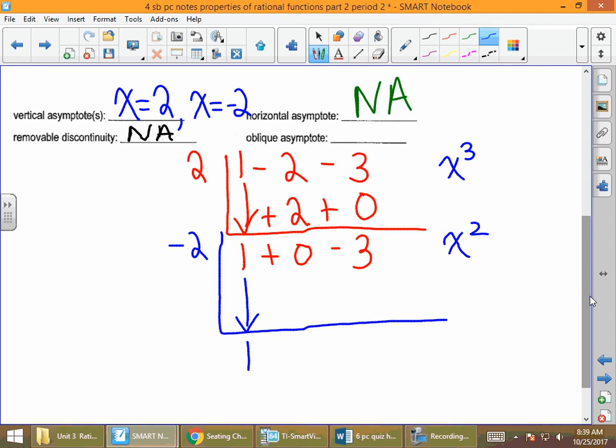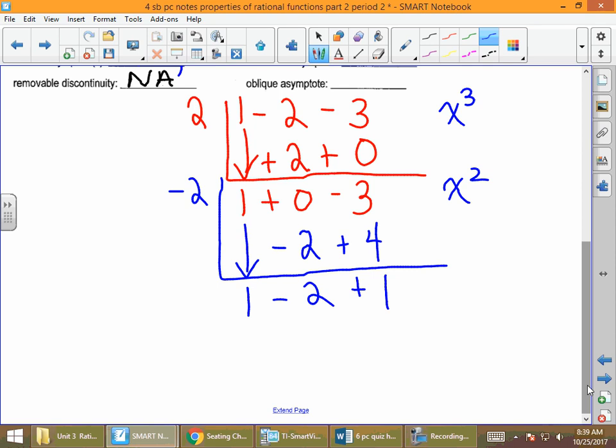Negative 2 times 1 is negative 2. 0 minus 2 is negative 2. Negative 2 times negative 2 is positive 4. And negative 3 plus 4 is 1. We took x cubed. This became x squared. When we divide again, this becomes x to the first.